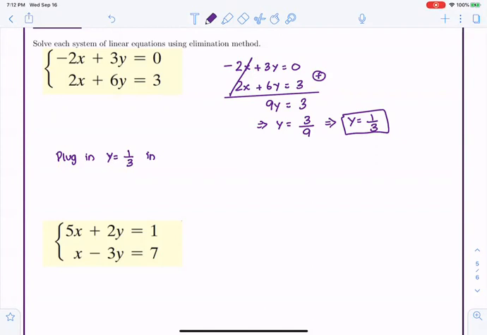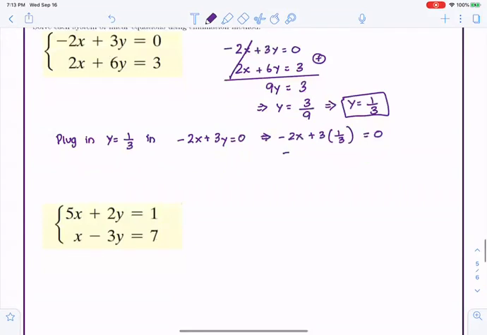So I'm going to plug into the first equation, so minus 2x plus 3y equals 0, minus 2x plus 3 times 1 over 3 equals 0. Minus 2x would be equal to minus 1.